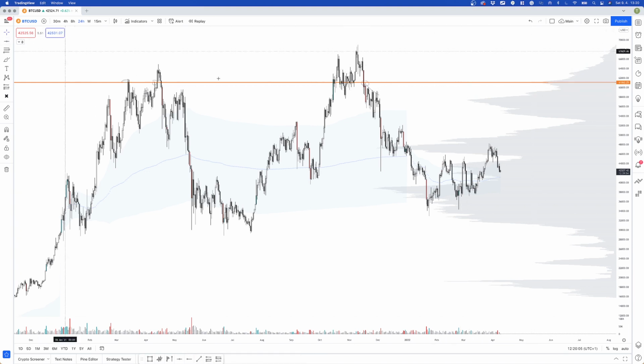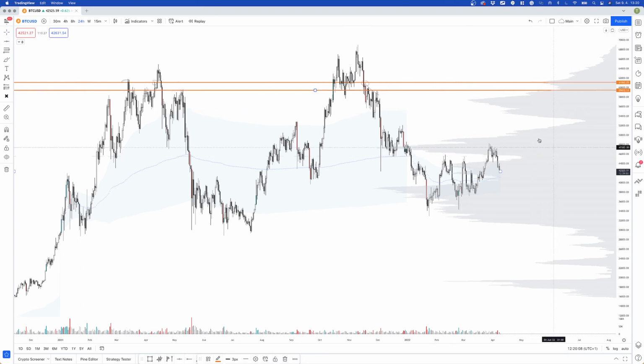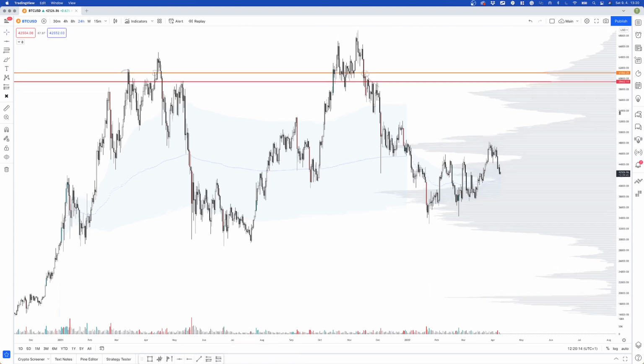Okay, so next we have the edge of this high volume node. I marked these in red, and this is fairly straightforward here. Let me just delete these things so it's going to be a little bit cleaner. It's these highs basically. Like I said, this is very simple.